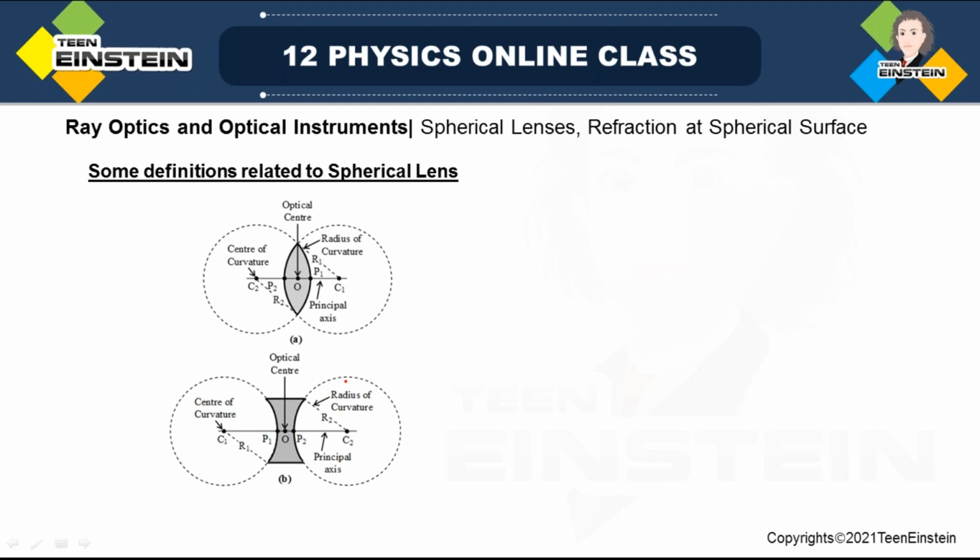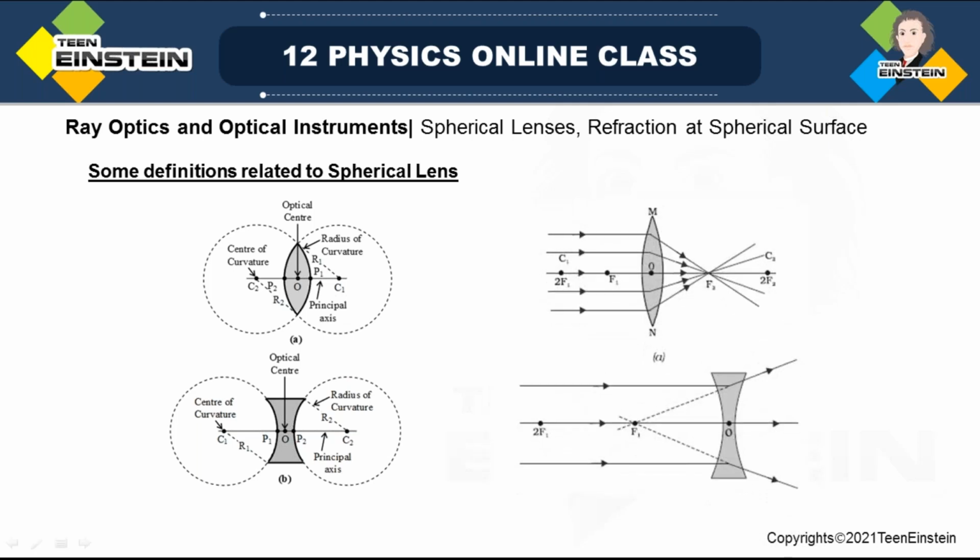One more important point is the focus. In the case of a convex lens, you have a real focus.